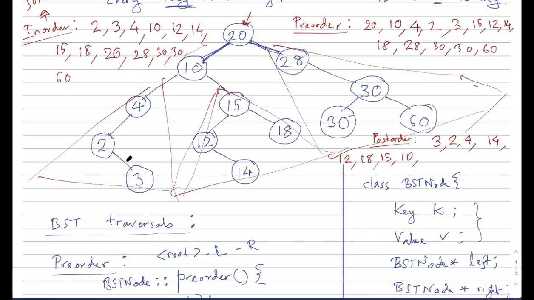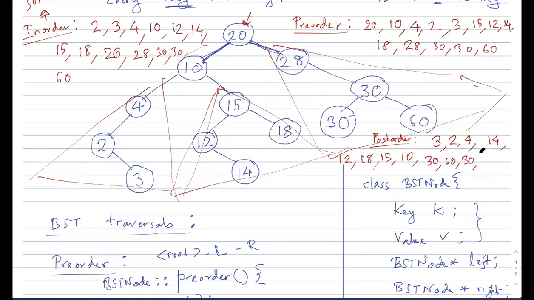So now it is done with the left subtree of 20, and now it is ready for the right subtree of 20 before printing 20. So it goes to 28, but it's not ready for printing 28. It goes down to 30, and then 60. So it prints 60, then 30. Interesting, the two 30s are not placed contiguously in the post order.